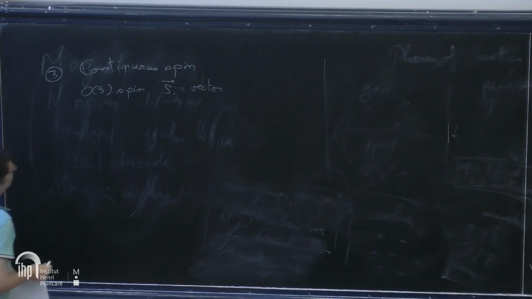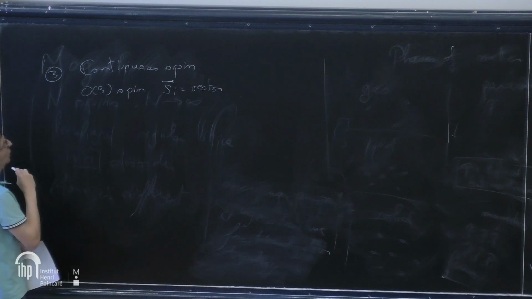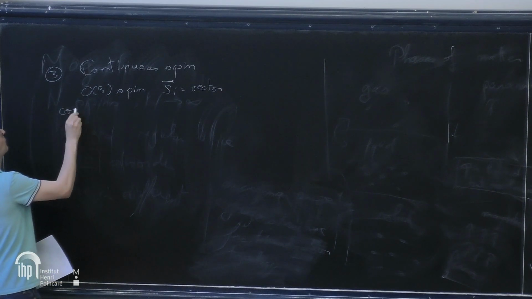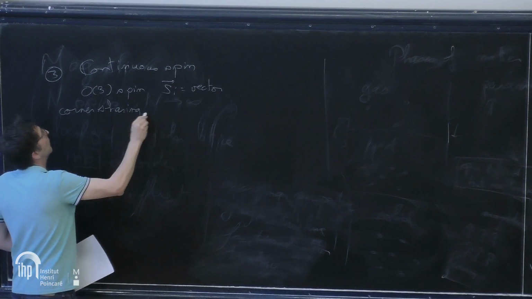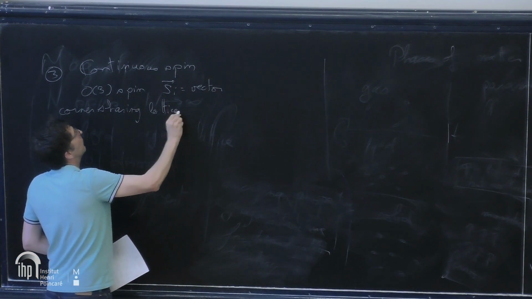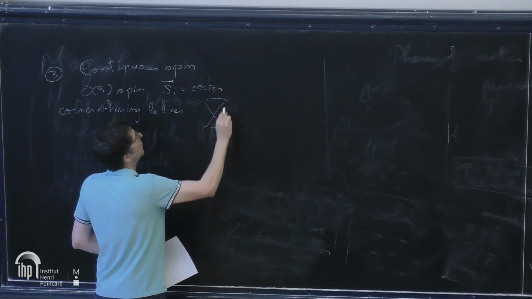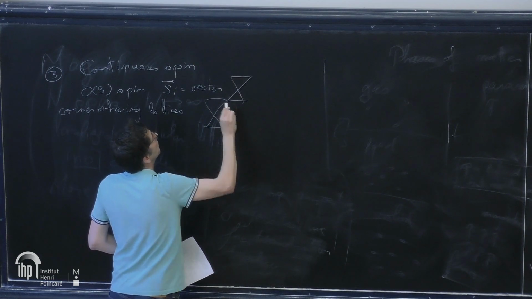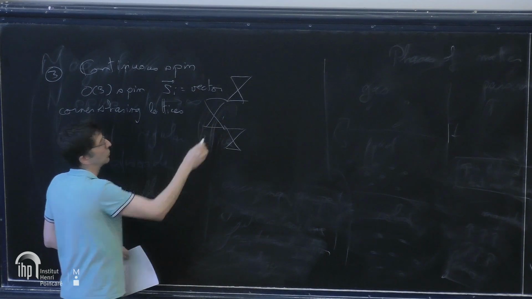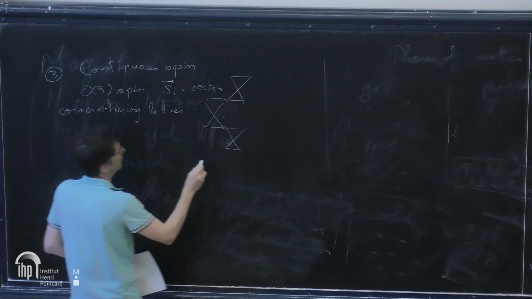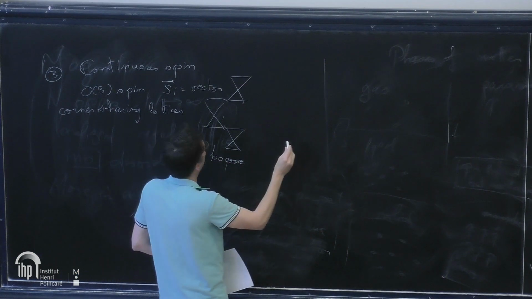And in many systems like corner sharing lattices, so actually, we had the Kagome before. You see they are made of corner sharing triangles. So this is Kagome. Another one, if you like to play, is the checkerboard.